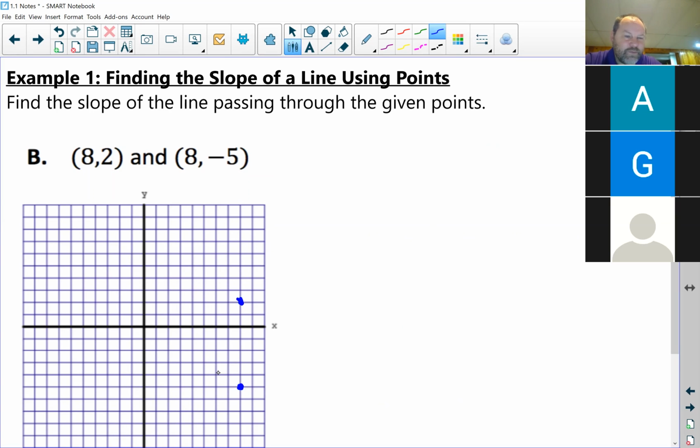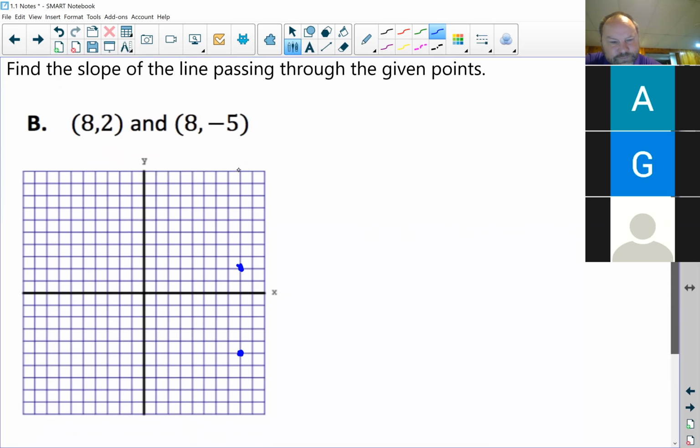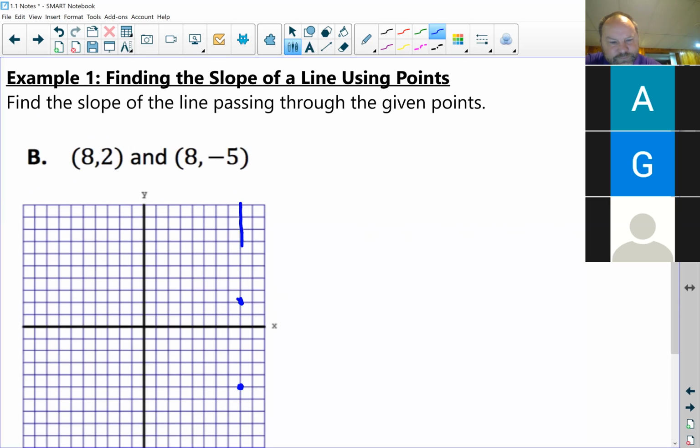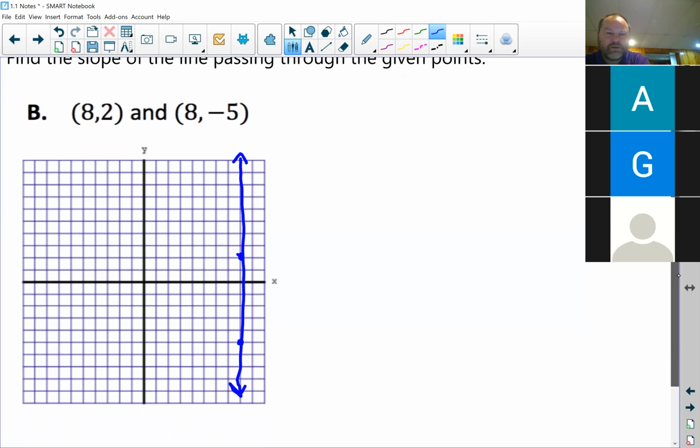For the other point, I move from the origin 8 to the right and down 5. And my line goes through those 2 points.